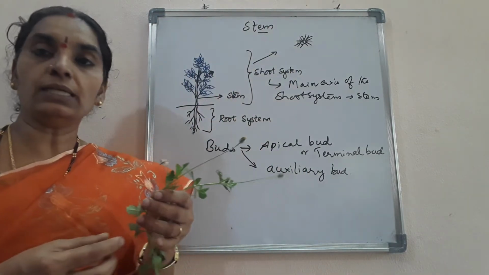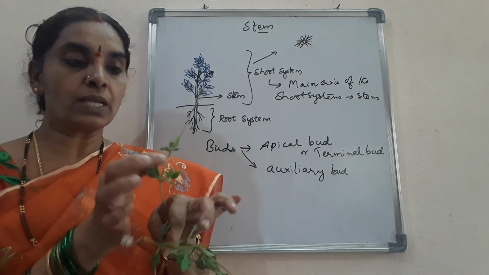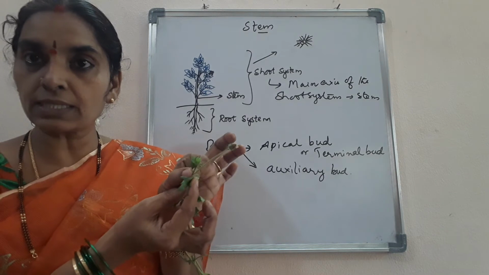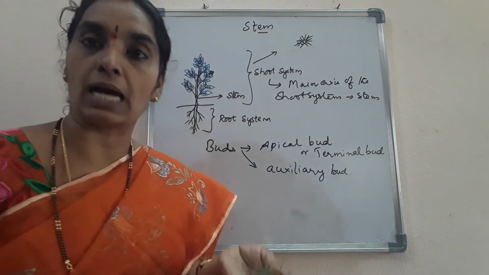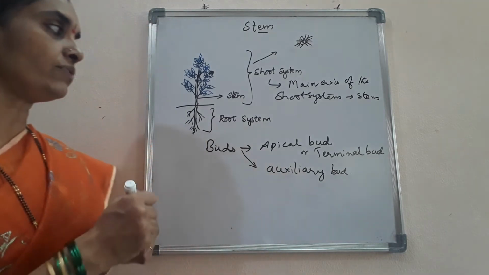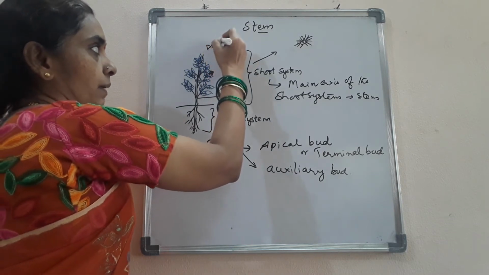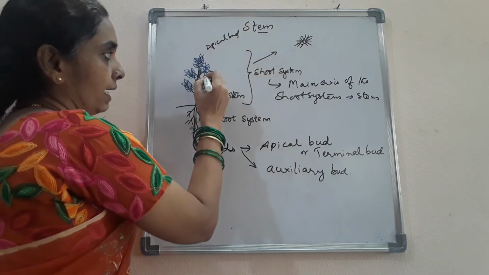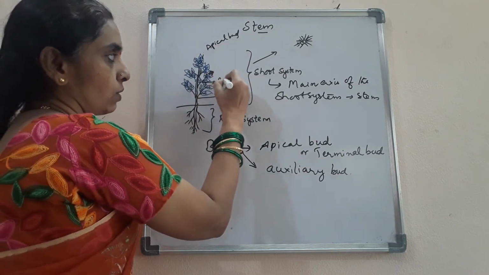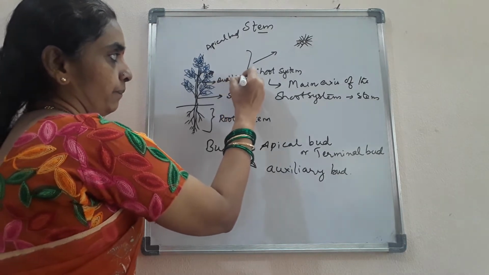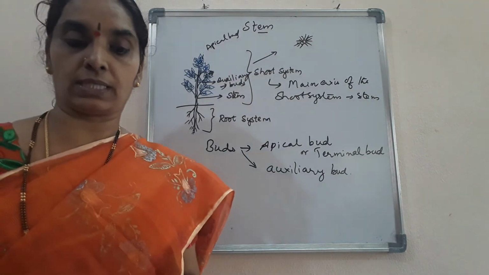And the bud that arises at the axils of the leaves, if the bud arises at this axil, that is called an axillary bud. If it arises at the tip of the stem, it is called an apical bud. And if it arises at the axils of the leaves, at this region, it is called an axillary bud. Hope you have understood about the apical bud and axillary buds.